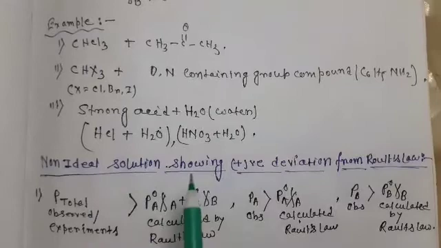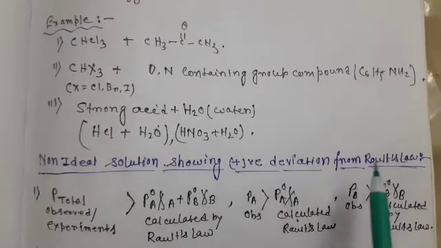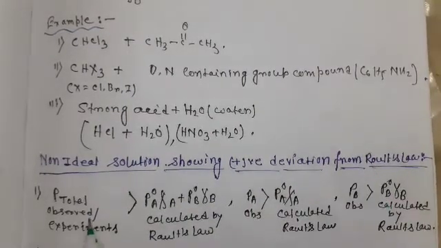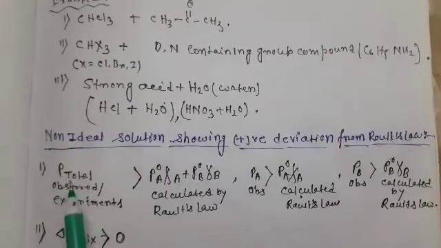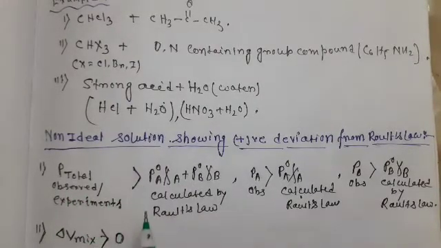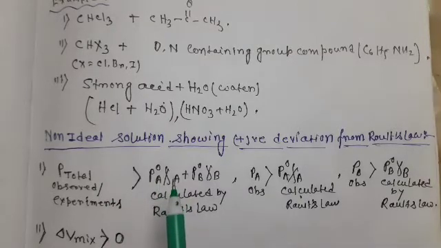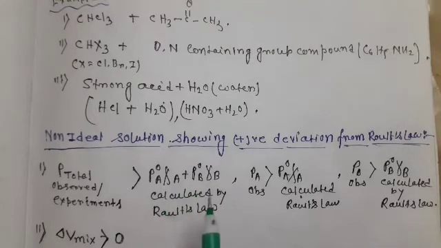Next, the non-ideal solution for positive deviation from Raoult's law. Here the total vapor pressure observed by experiment is greater than the vapor pressure calculated by Raoult's law, P naught A χA plus P naught B χB. Total pressure is always greater than the Raoult's law calculated vapor pressure.